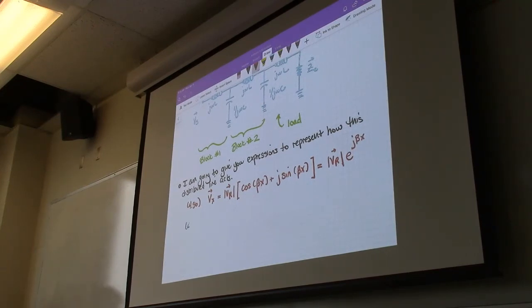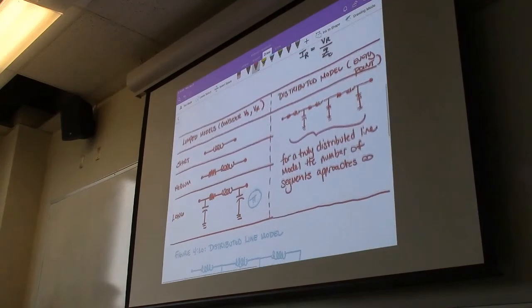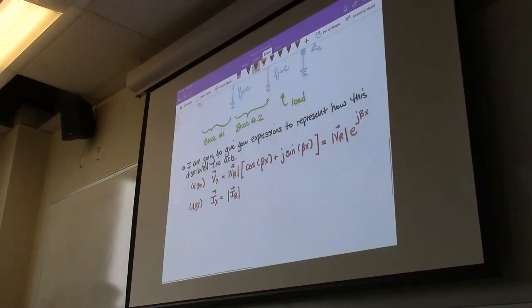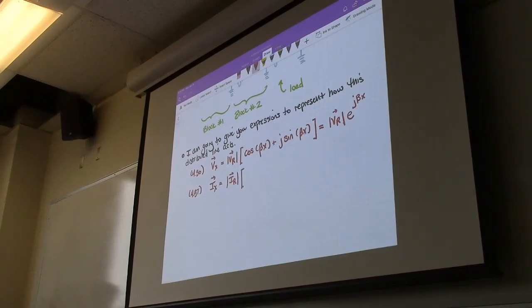4.37 allows us to calculate the current and tells us that Ix, and we're close to the end here, Ix is equal to the magnitude of IR, which, if you remember up top, we know what VR and IR are at the receiving end of the line, times cosine of beta x plus j sine of beta x, equals IR e to the j beta x.